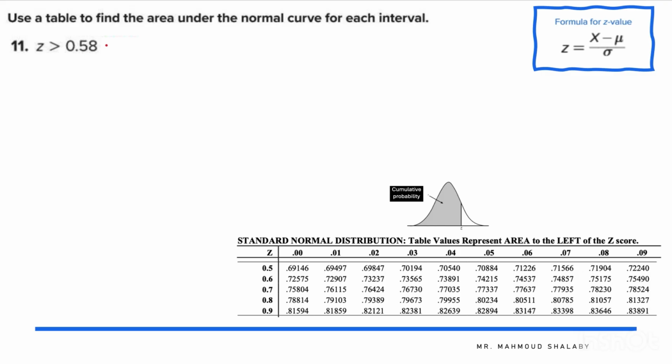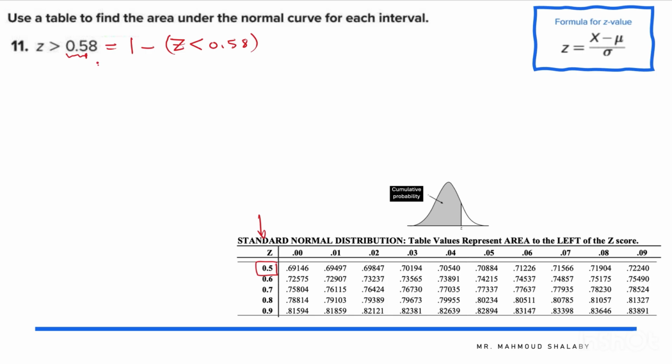For this question, if z is greater than this value, what we will do, if it's a greater, remember, I will write equals 1 minus z smaller than 0.58. Because this is the value I can find in the table. Now what will happen is, we said 0.5, and I will stop here, go to this side. Here is 0.5.